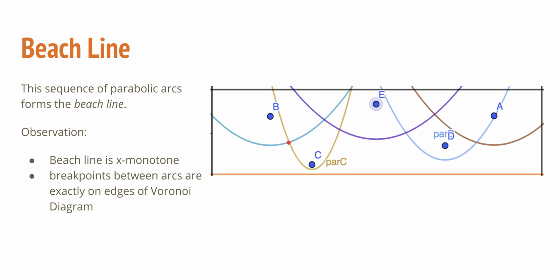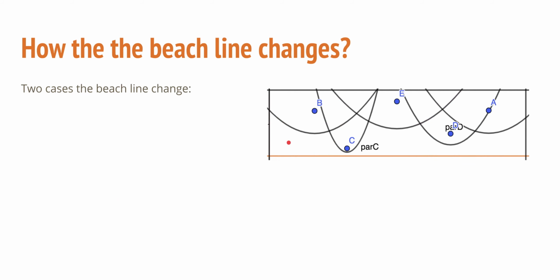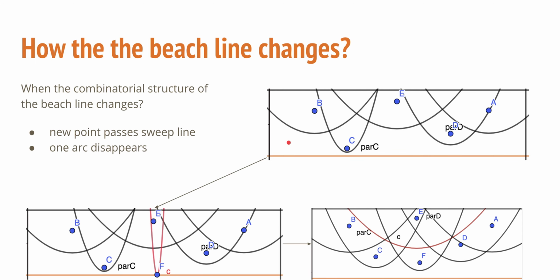So how can the beach line change? There are exactly two cases when the beach line can change. One is when a new point passes the sweep line, as shown here. We can see the first image, and a moment later we encounter the point F, and we see that this new point passes the sweep line, and we have a new arc here.